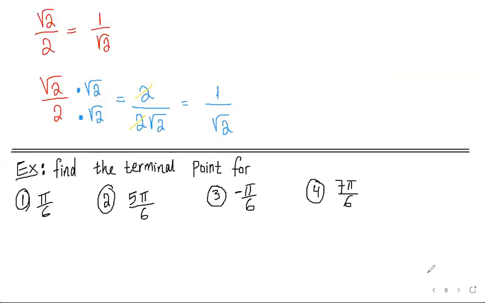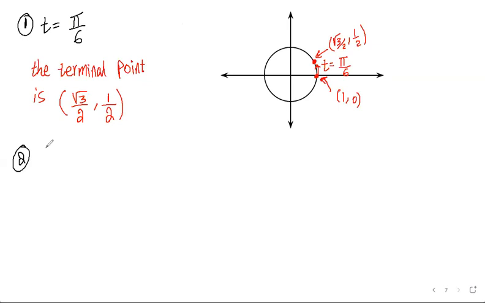5 pi over 6. So for t equals 5 pi over 6, the point will be like this.